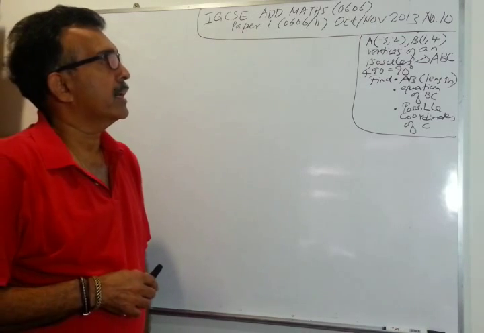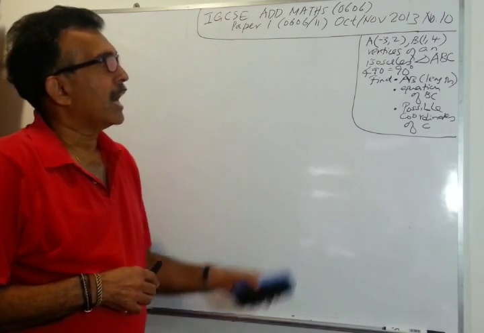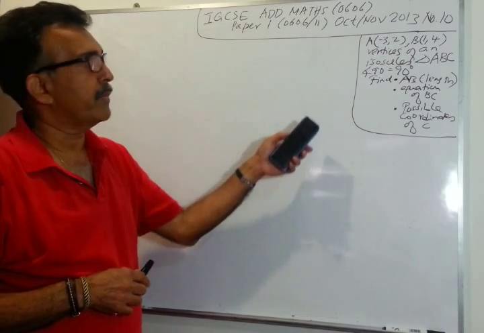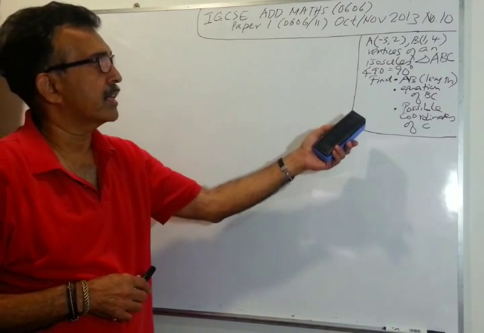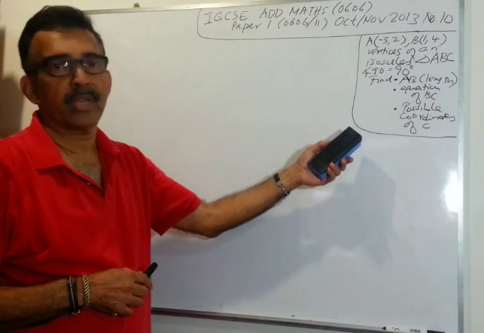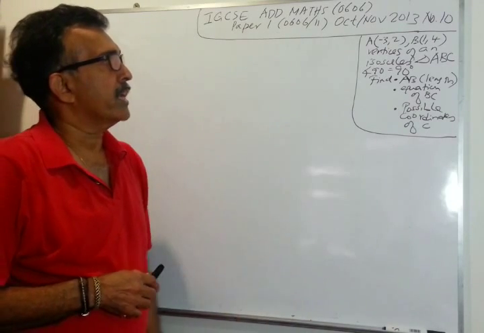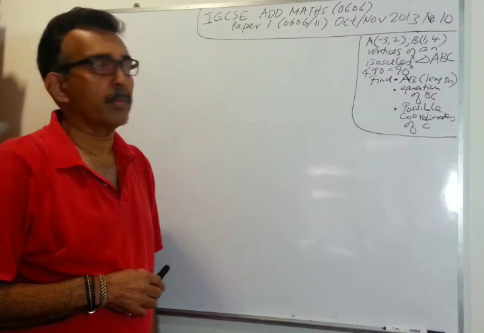So you can take a look at the question. I have written an abbreviated version of the question on the right, but I'm sure you can get hold of the question. It deals with coordinate geometry.